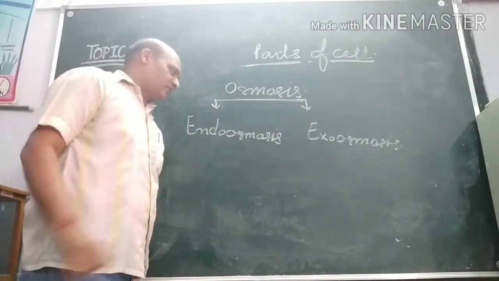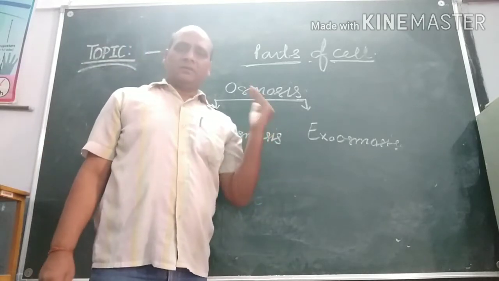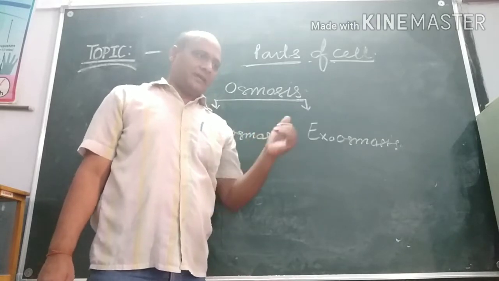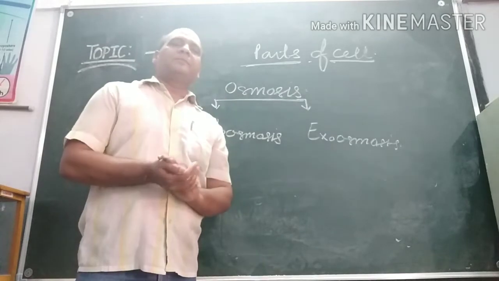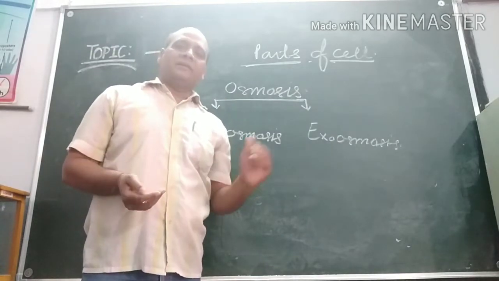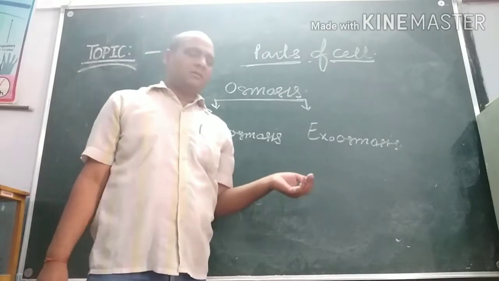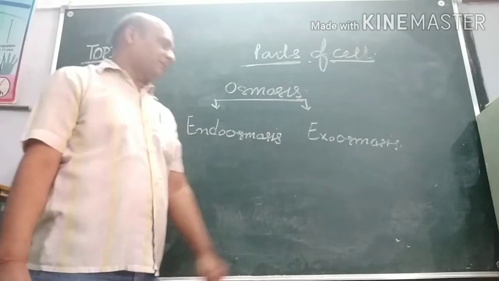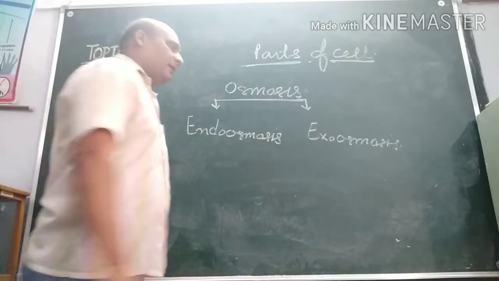Endoosmosis: in this type of osmosis, water enters the cell from the external medium. For example, swelling of raisins when kept in a hypotonic solution or in water, and swelling of grams when kept in water, are various examples of endoosmosis.